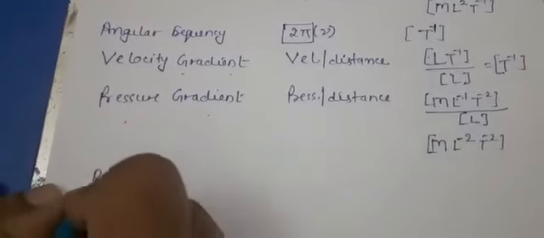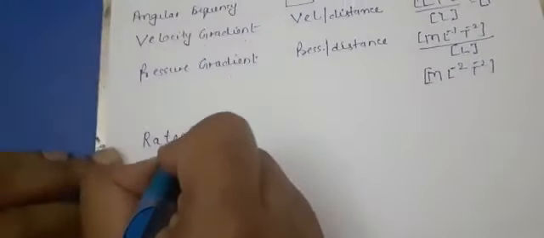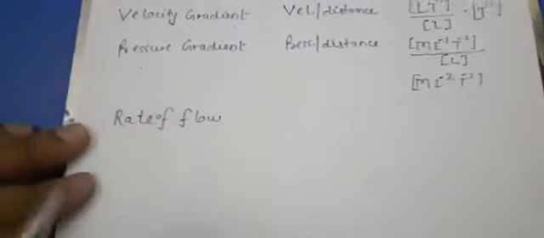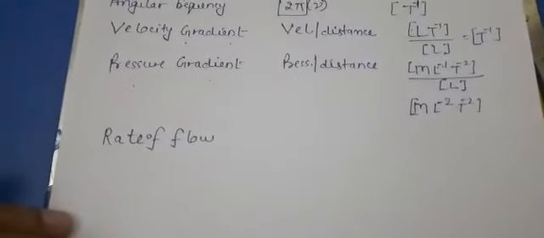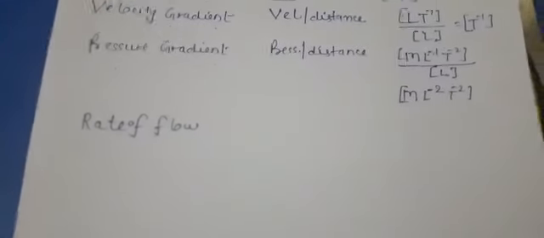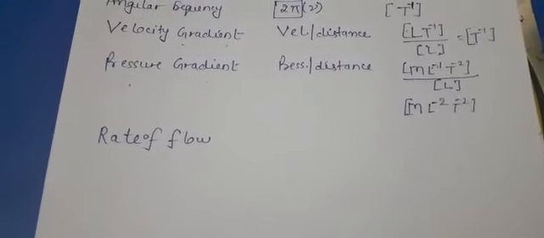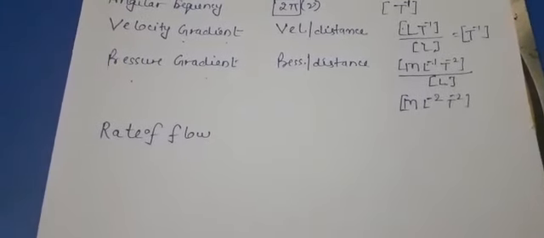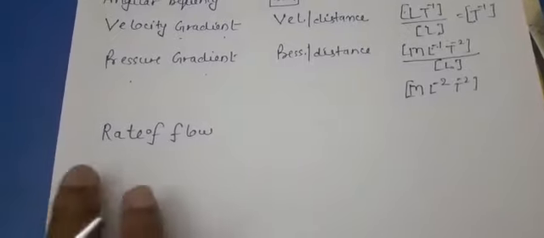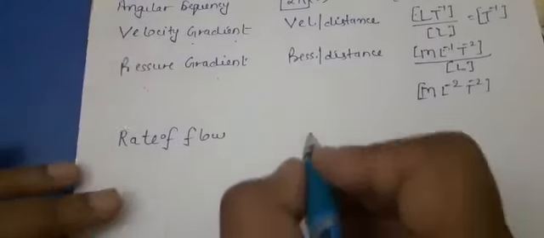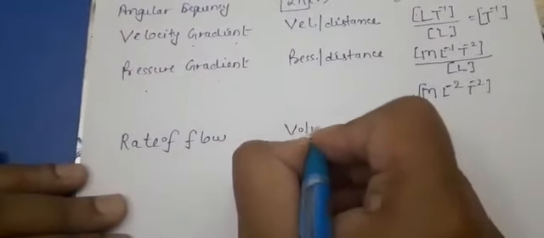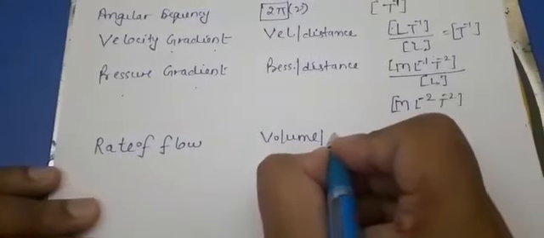Next is rate of flow. Actually, these are not proper quantities. These are the terms we sometimes use: velocity gradient, rate of flow. So I am giving you all the formulas so that you will not be confused while solving numericals. Rate of flow is the volume of liquid flowing per second, per unit time.